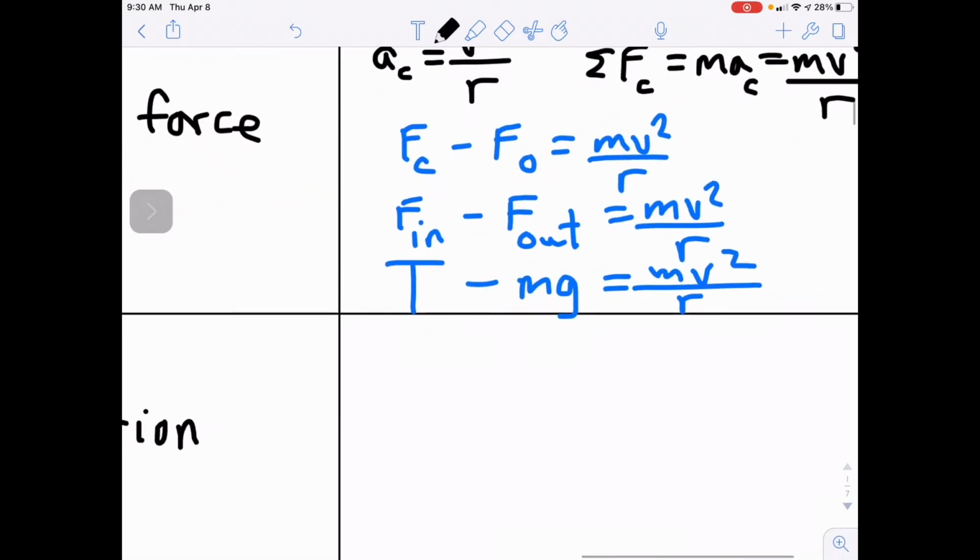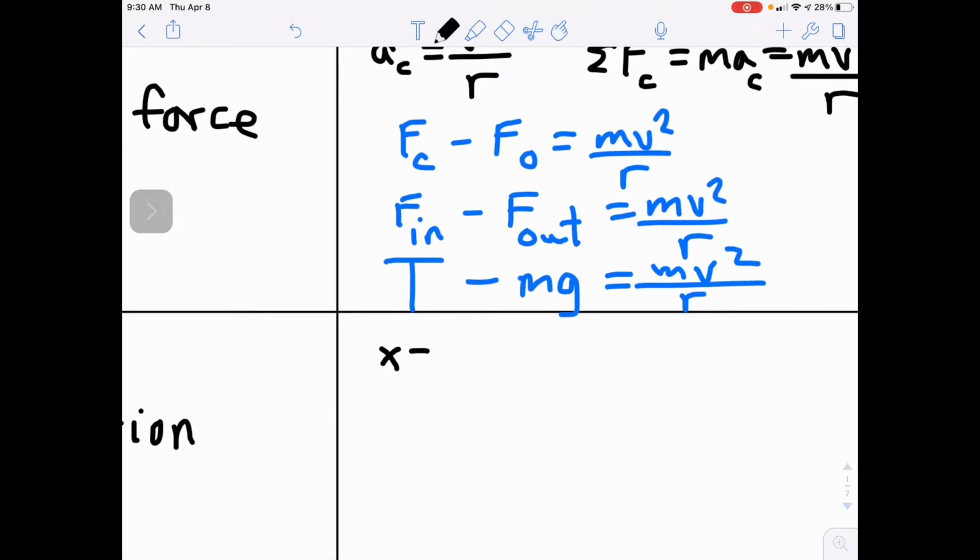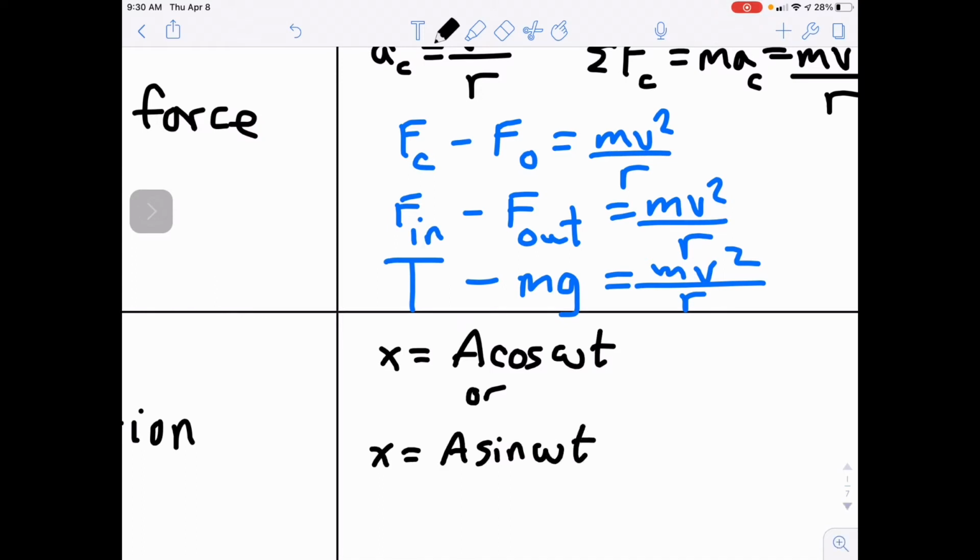And you would either be given some function as a number, which is the amplitude of the simple harmonic motion oscillator, times the cosine of omega t, or if the clock starts a little bit later as the object is passing through equilibrium, then it might be A times the sine of omega t.